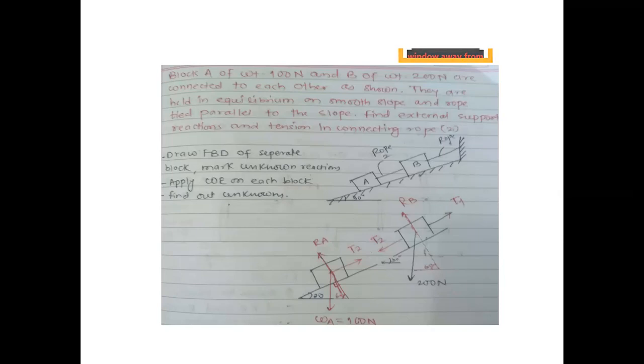Then there will be more unknowns, that is, more than three. We have only three equations of equilibrium, and we can't solve if there are more than three unknowns. So what we used to do is separate them, and then find out the reaction components or the tension, whatever is being asked.